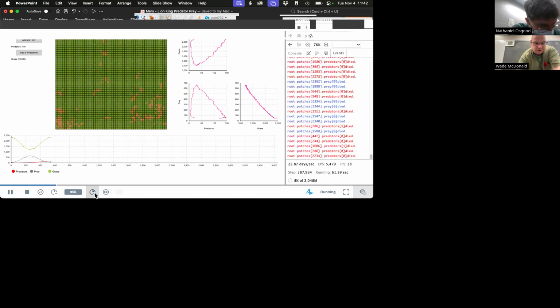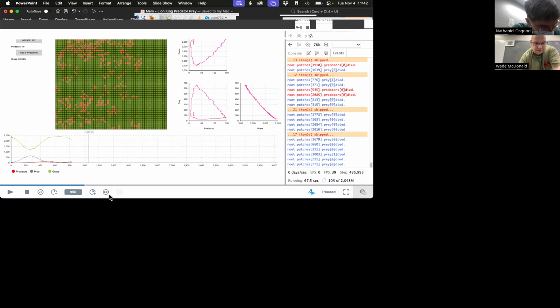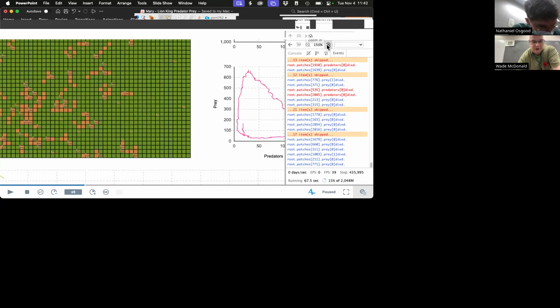We'll just speed this up a little bit more, and then we'll complete a cycle, and then we'll pause it. I'll slow down the speed again so I don't run it really fast when we get back to running.